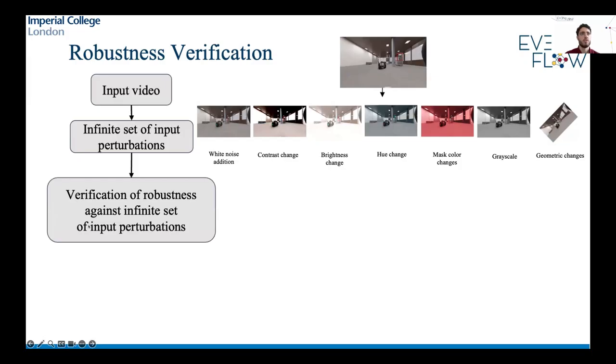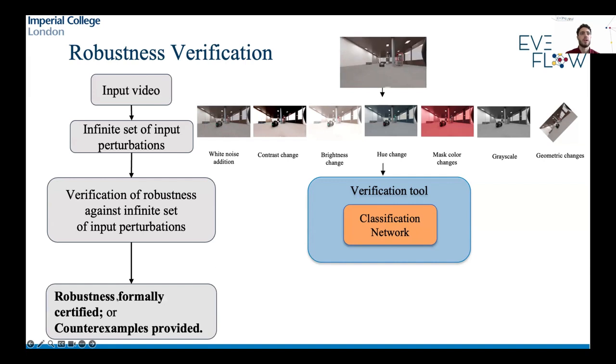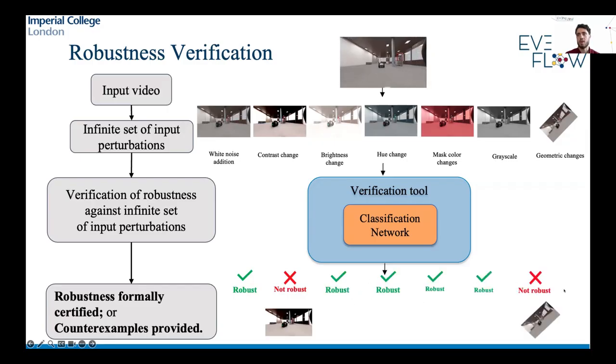So what we want to do is to verify the robustness against these different changes. There's a verification tool that takes in this classification network and tries to formally verify that for all these different perturbations around a certain input, we're actually robust, or we are not robust. If we're not robust, then we want to robustify our system. We want to make sure that all our things are robust.